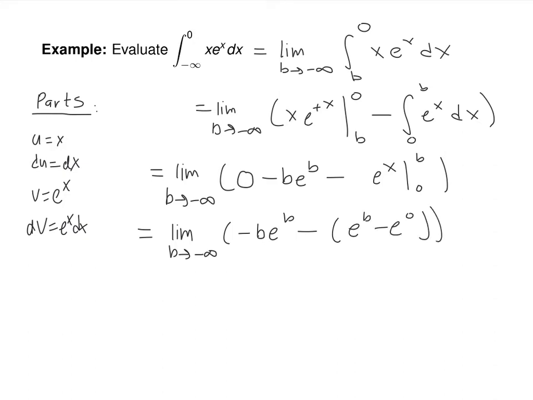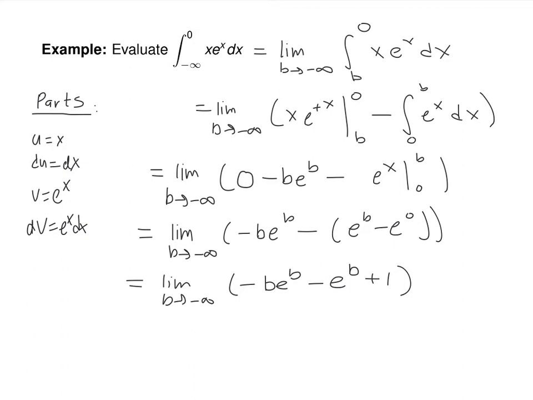A lot to keep track of here. And we're going to be done with some of the tricky stuff. B goes to minus infinity, negative b e to the b minus e to the b plus 1. Okay, and from there just pause and make sure that you understand where all the negative signs came from and all that.